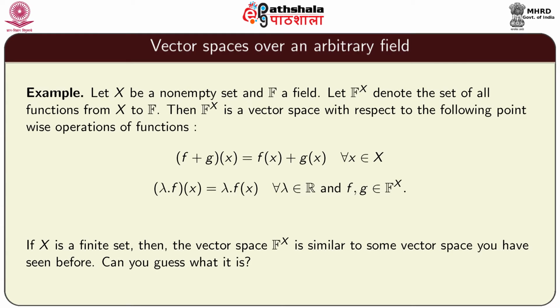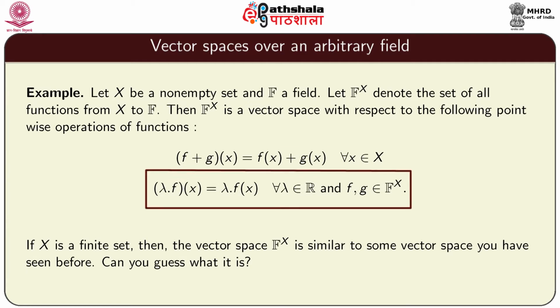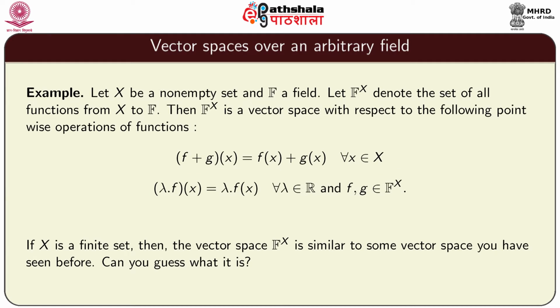So, f plus g is defined as (f plus g)(x) is equal to f(x) plus g(x), and (lambda f)(x) is equal to lambda times f(x), where lambda is a scalar and f and g are functions from X to F, that is f and g are elements in the set F to the power X. Again, it is sort of straightforward to verify that this is indeed a vector space over the field F.